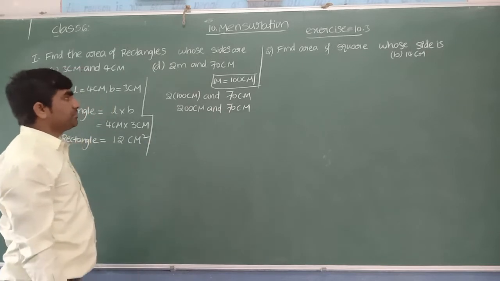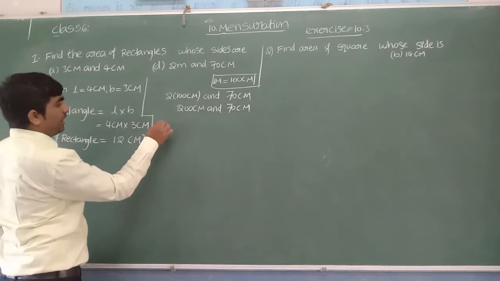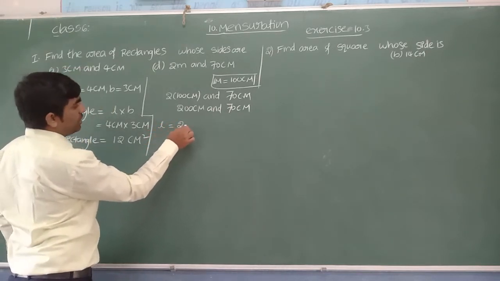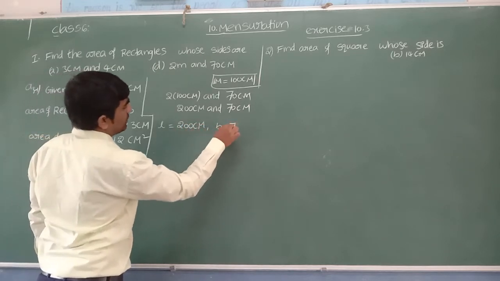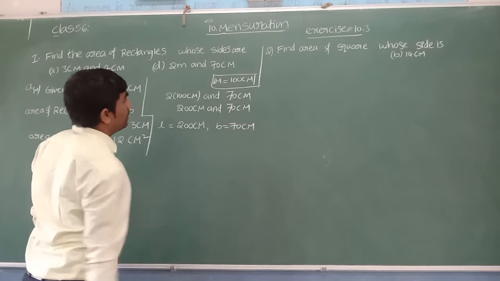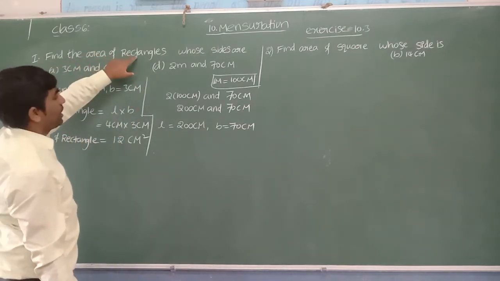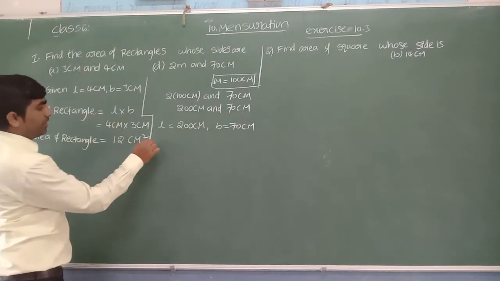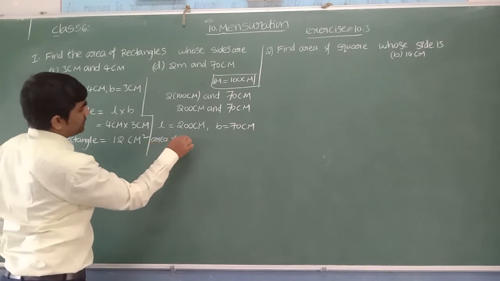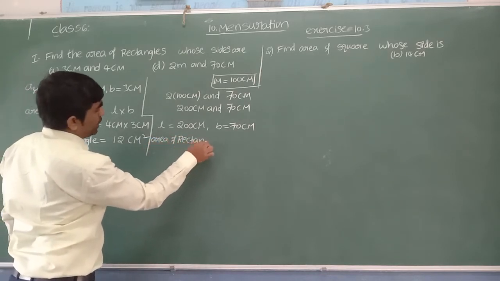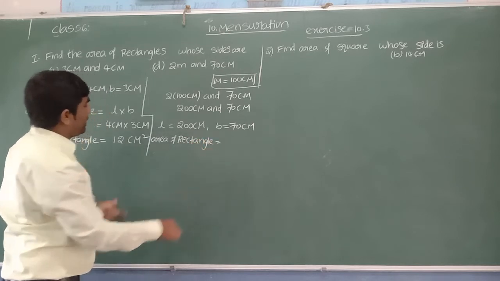Now we can find the area of rectangle. So length, the longest one, is 200 centimeters and breadth, the shorter side, is 70 centimeters. So we have to find the area of rectangle now. Same formula you can take, beta. Yes, now I am writing area of rectangle. What is the formula I said just now?